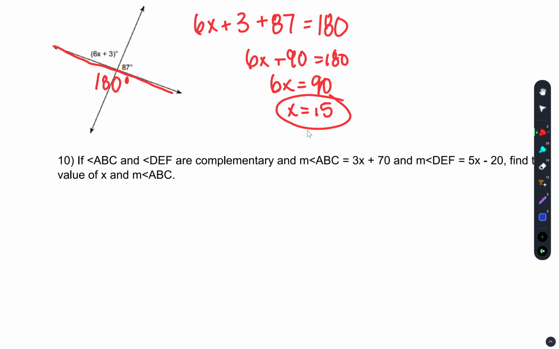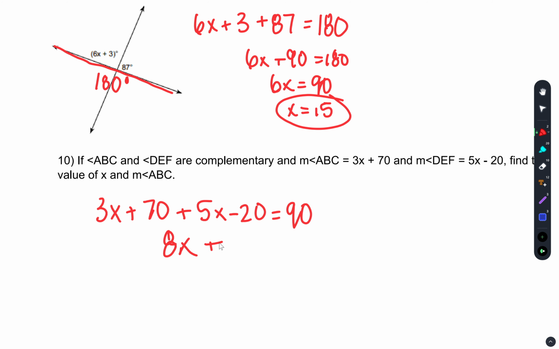Yep. Perfect. Complementary means 90 degrees. So I'm setting those equal to 90. And let's solve this. I'm just going to kind of rapid fire through this. 8x equals 40. So x equals 5.